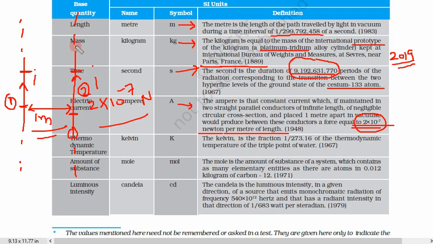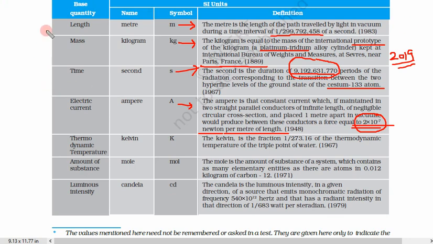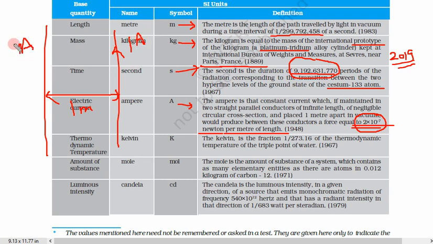Let us understand in reverse way. We have two long wires which are 1 meter apart. Distance between them is 1 meter. Now current flowing in them is 1 ampere and 1 ampere. Since they are 1 meter apart and infinitely long, cross sectional area is nil, very less.